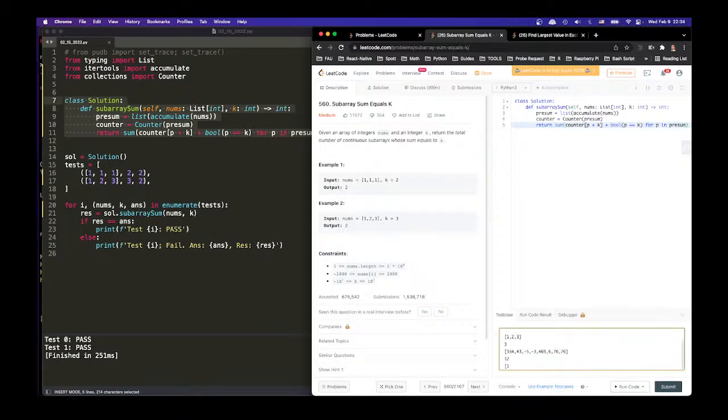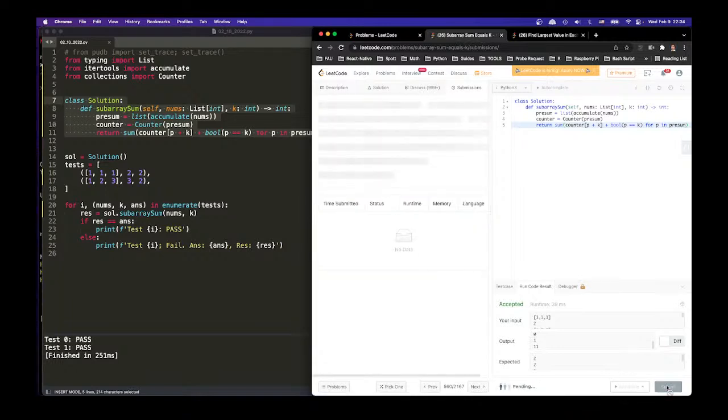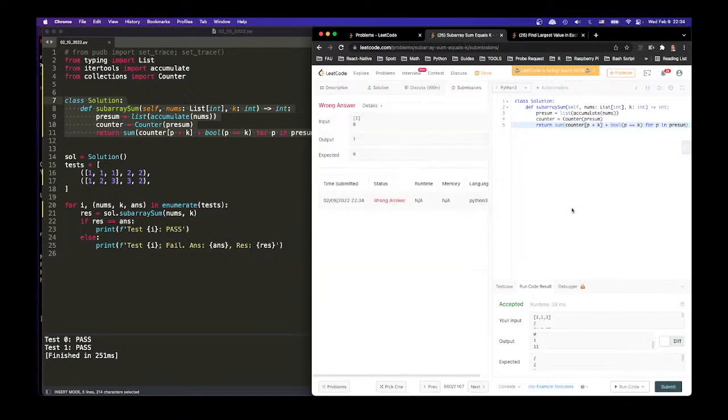And single one. And actually, I'm more interested in this. What other test case can we do? Let's try it. Wrong answer. Huh? Zero.